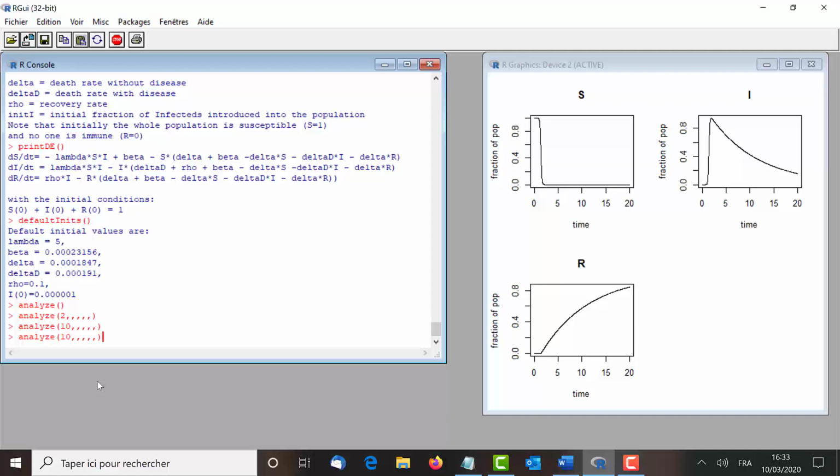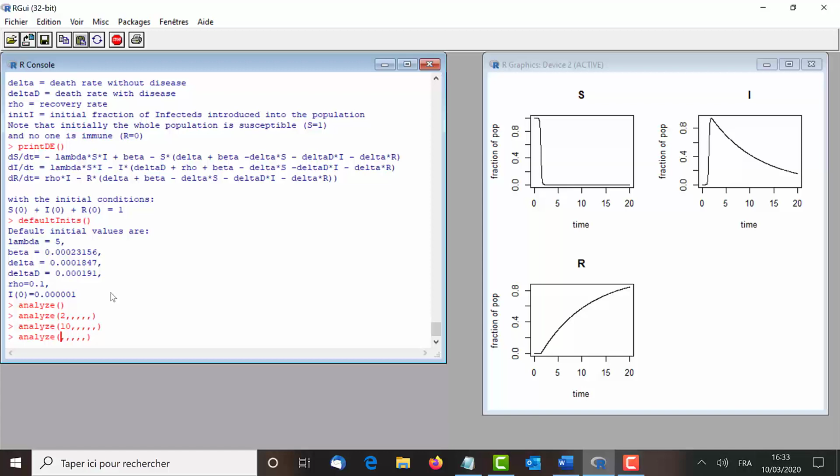Now let's go back to the default value of 5 for lambda, and let's see the effect of rho. Rho is my recovery rate, the rate of recovery from the disease, and rho equals 0.1 actually corresponds to 1 over rho as the length of time in the infectious category.